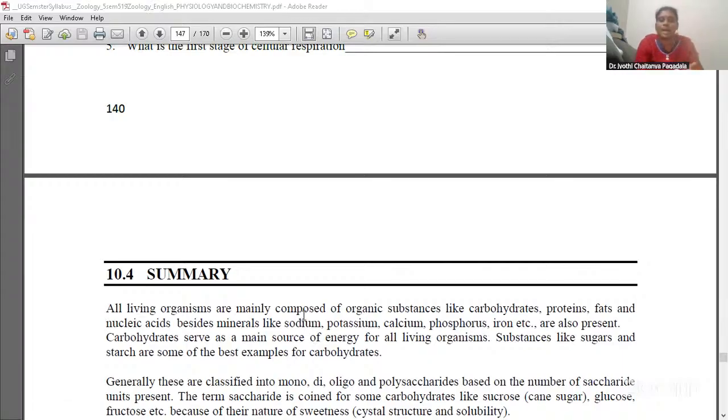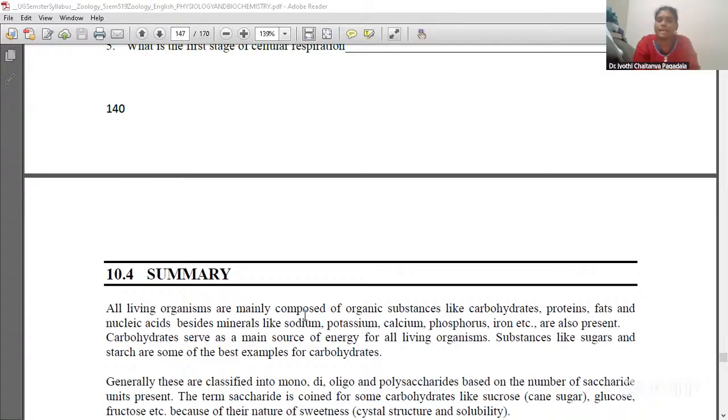Generally, these are classified into groups called monosaccharides, disaccharides, oligosaccharides, and polysaccharides, depending upon the number of saccharide units present in it.